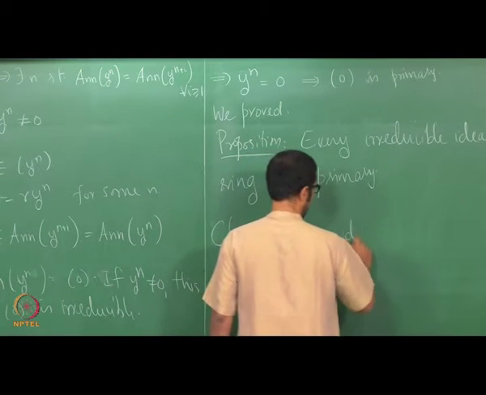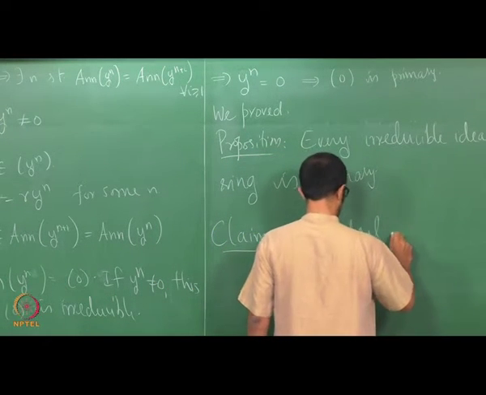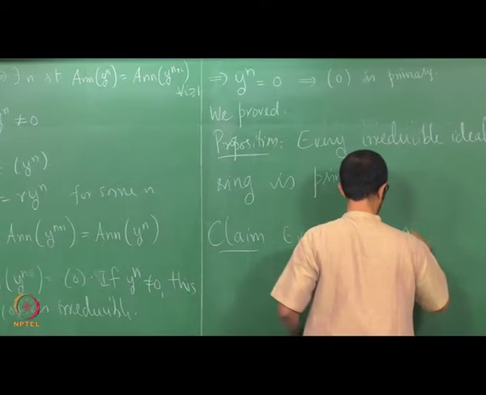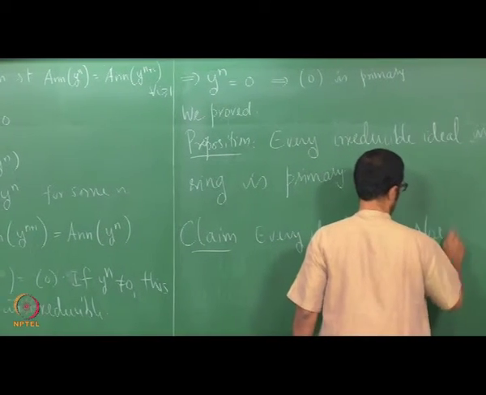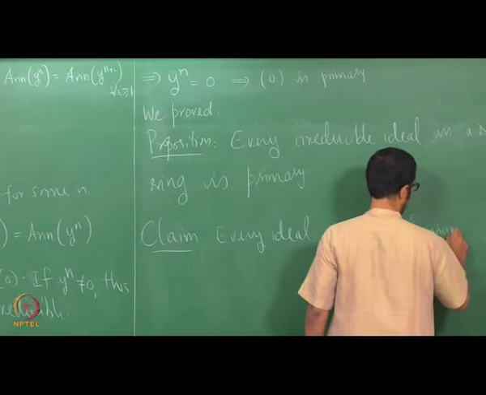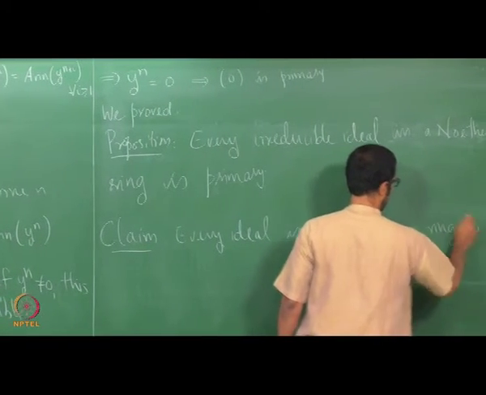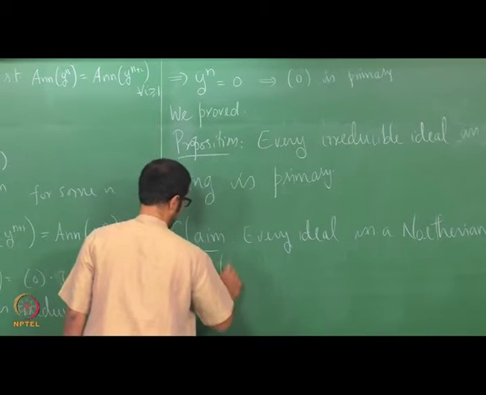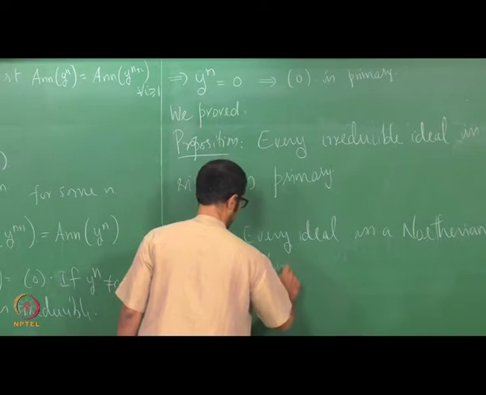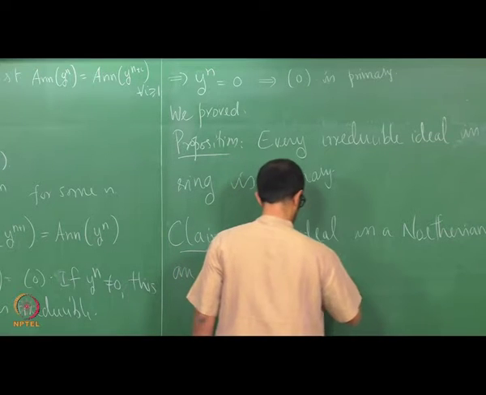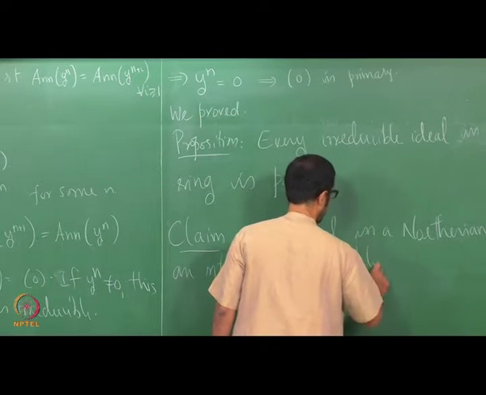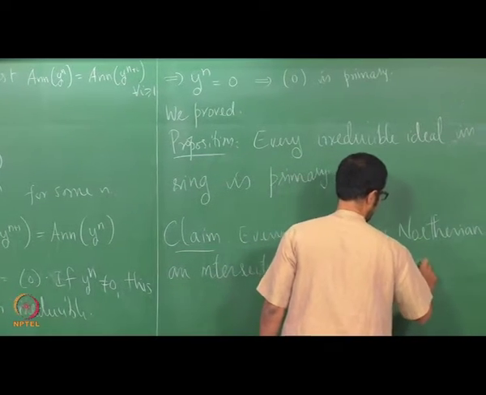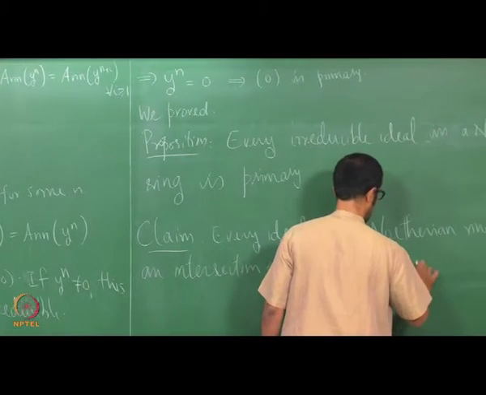Every ideal in a Noetherian ring is an intersection of finitely many irreducible ideals.